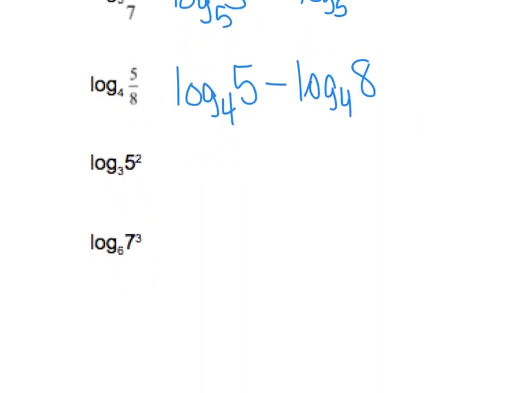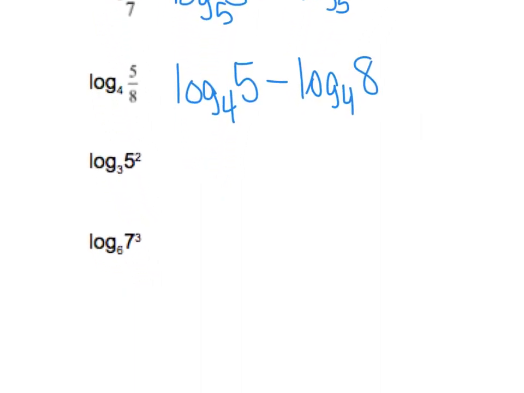And then here we're going to have that power property where we have it taken to a power, like 5 squared. If you have that, basically you are going to take the exponent and move it to the front.